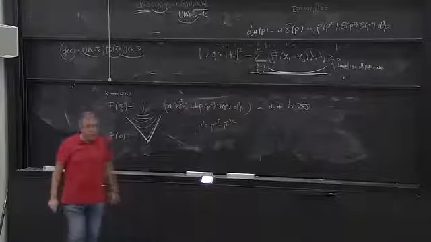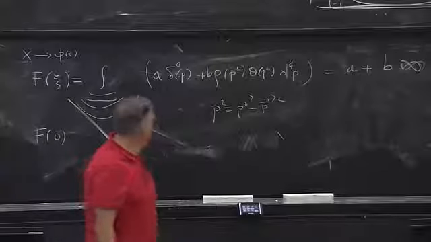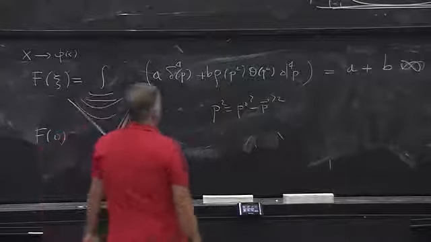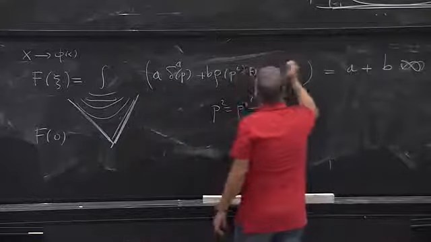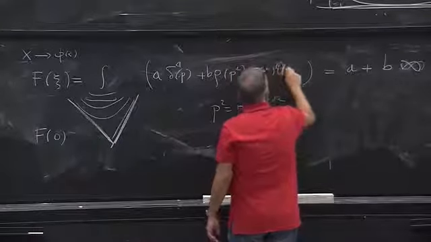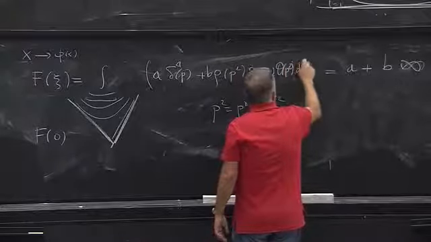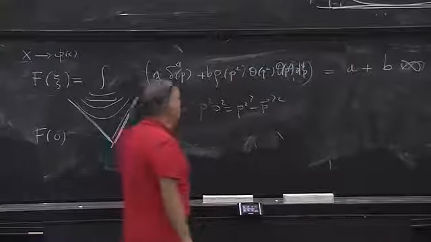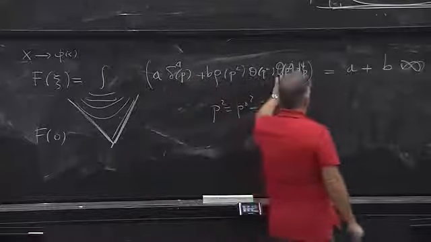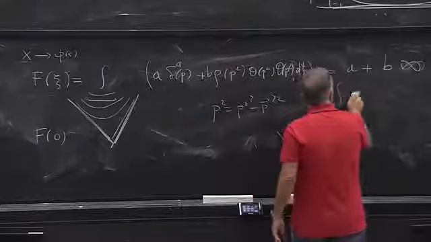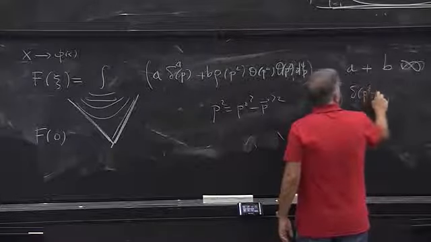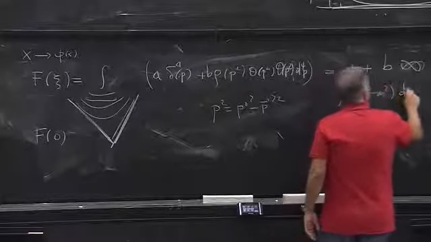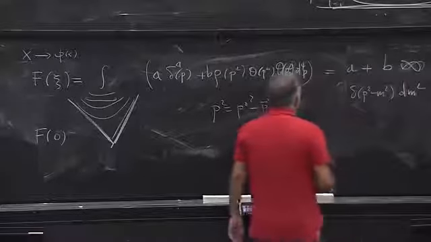Okay? Yes? What happened to the theta p squared? The theta p squared. It is here. It is here. Now compute this integral. You can compute this integral by introducing here a further integral called delta p squared minus m squared. And you integrate over dm squared.